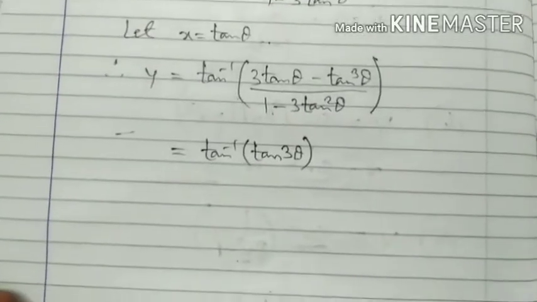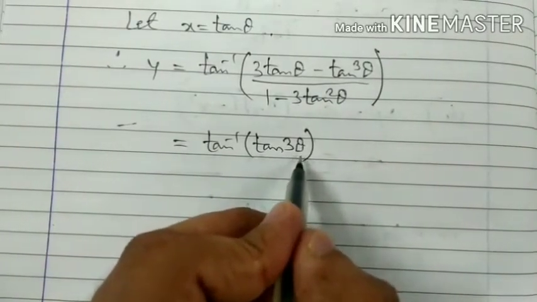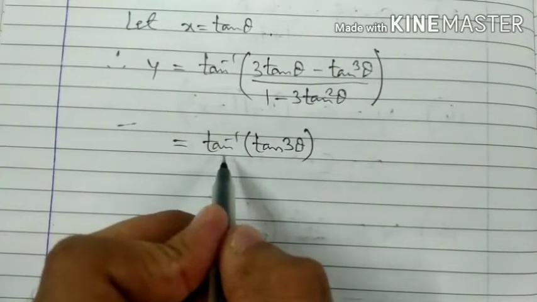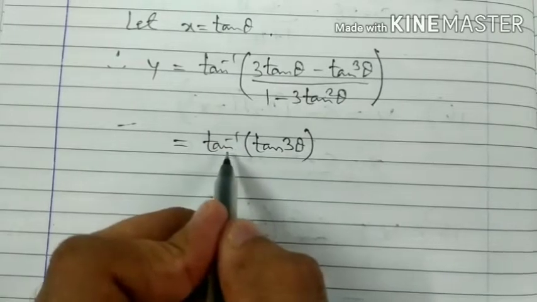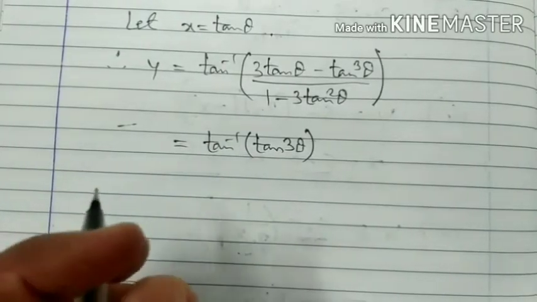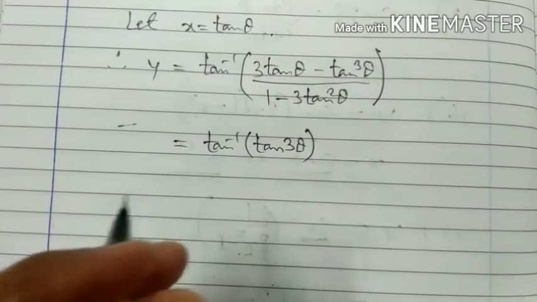But for this there is one condition, that 3 theta should be in range of tan inverse. Now range of tan inverse is open interval minus pi by 2 to plus pi by 2, minus 90 to plus 90.